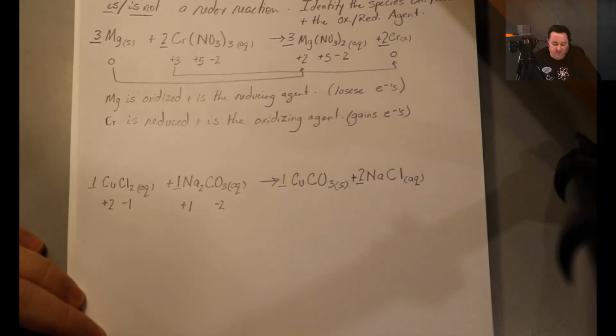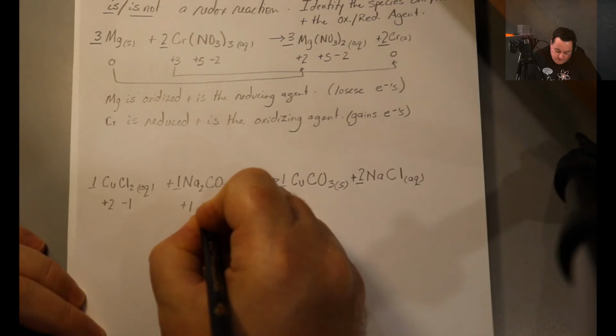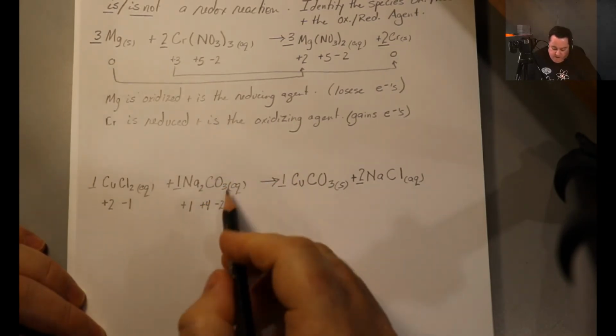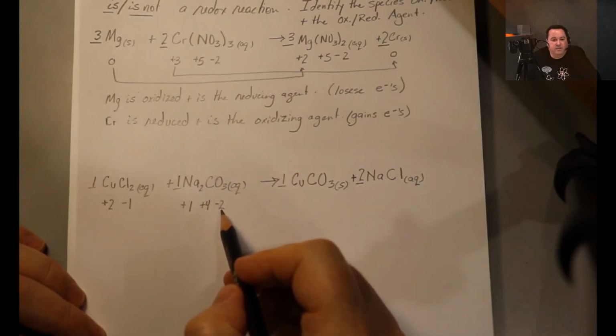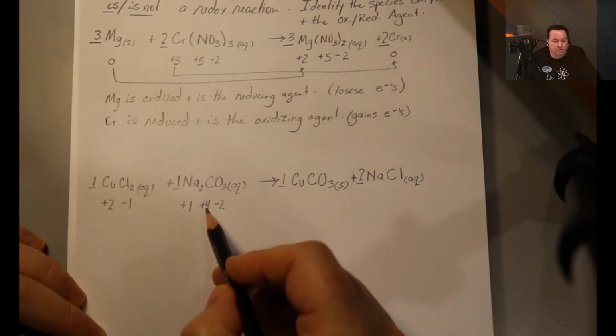So the carbon would have to be +4 in order for 3 oxygens at -2 each, giving me -6, to end up with a 2 negative ion charge. The carbon would have to be +4 to cancel 4 of those 6 charges and leave a residual charge of 2 negative.